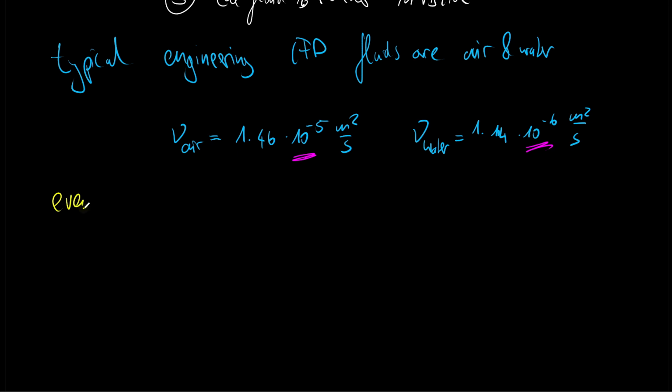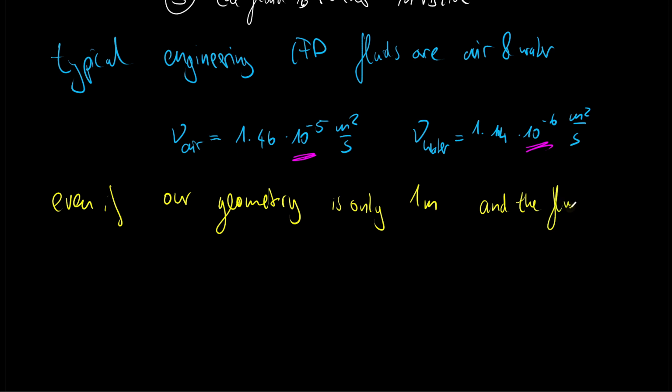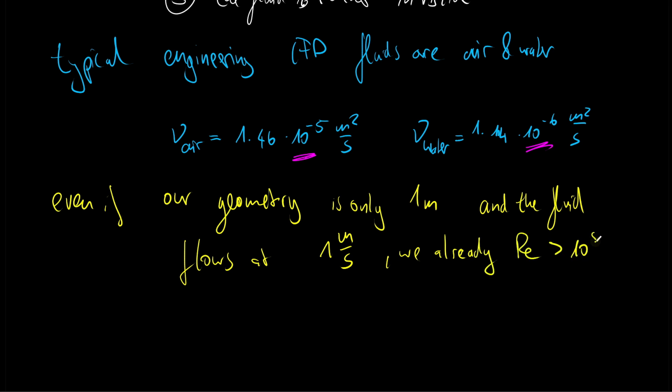So let me note that down. Even if our geometry is only 1 meter in length and the fluid flows at 1 meter per second, we already have a Reynolds number greater than 10 to the 5.